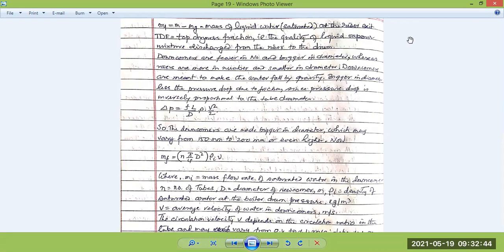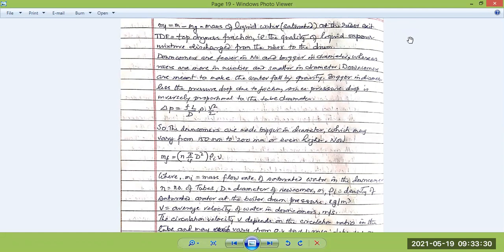So mg plus m1 divided by mg, or 1 divided by mg plus m1, is equal to 1 by TDF, where m is the mass of the saturated water flowing through the downcomer riser circuit during a certain time, and mg is the mass of the steam released. m1 is the mass minus mg, the total mass of the liquid water saturated at the riser exit.